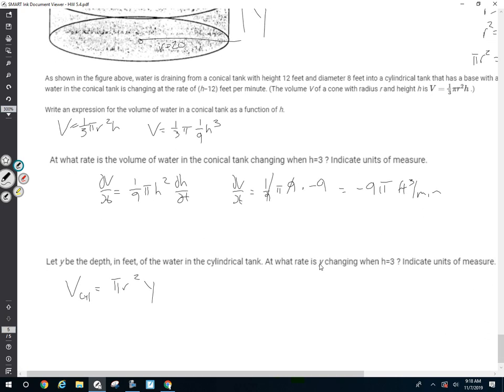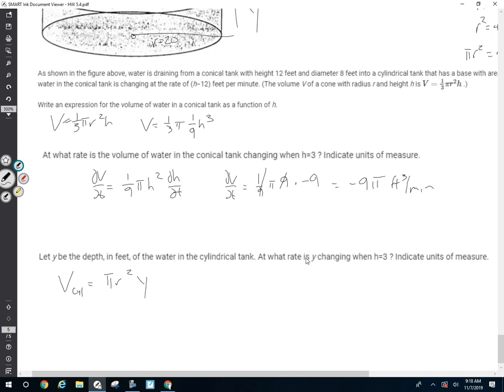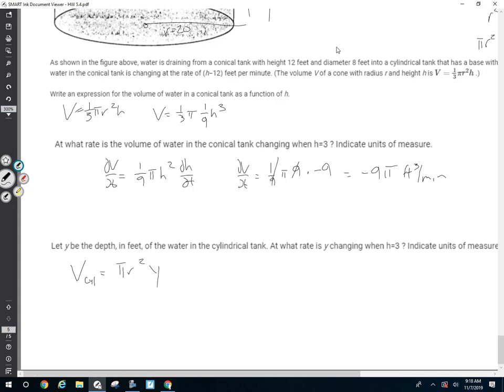All right, I got it. First of all, I know what pi r squared is: 400 pi. So I didn't need to know the radius; I got it right here. So this is the volume of my tank. This isn't that tough. I take the derivative with respect to t, and I get dV/dt equals 400 pi dy/dt.